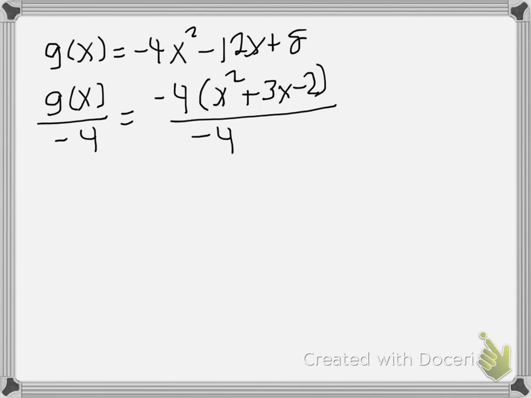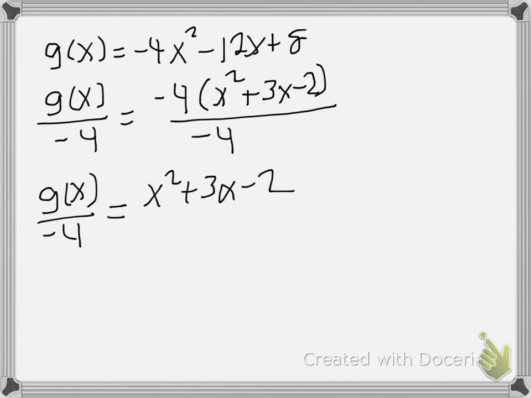Okay, so g of x divided by negative 4 is equal to x squared plus 3x minus 2. Okay, so let's move that 2 over here. So we've got g of x over negative 4 plus 2 is equal to x squared plus 3x.